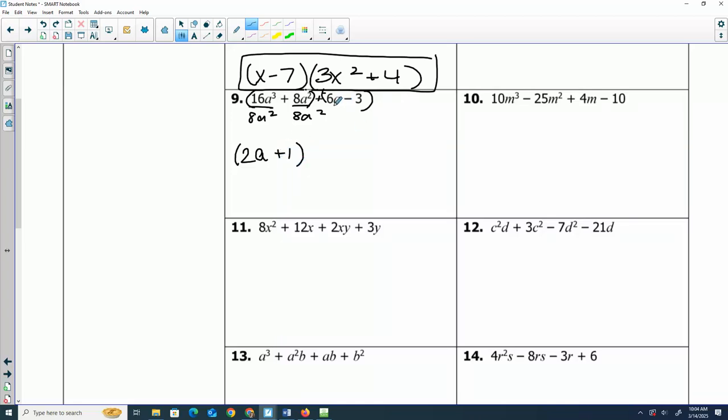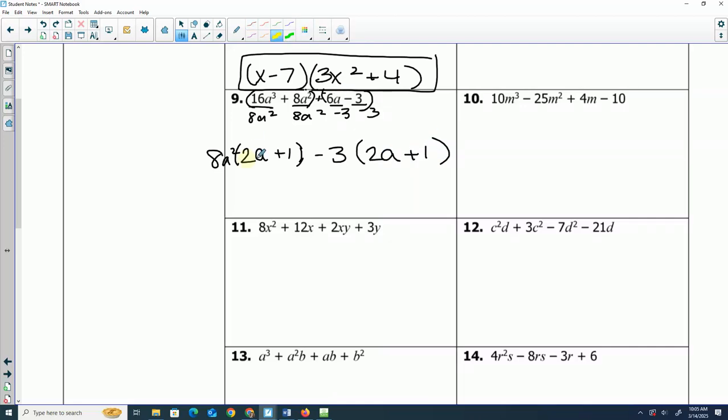Second parenthesis, negative 6a and negative 3. What do I need to take out? So negative 3. Okay, negative 6a divided by negative 3 would be a positive 2a. Negative 3 divided by negative 3 is positive 1.